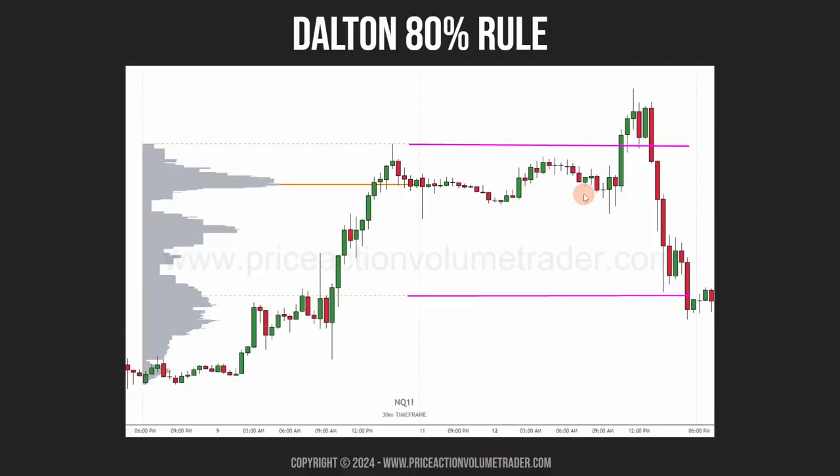Here's another example in the NASDAQ market, and this is a volume profile example. And you can see how we're opening within the previous day's value area. We trade above it and we have a breakout. And then right here, we have this big bearish candle back inside.